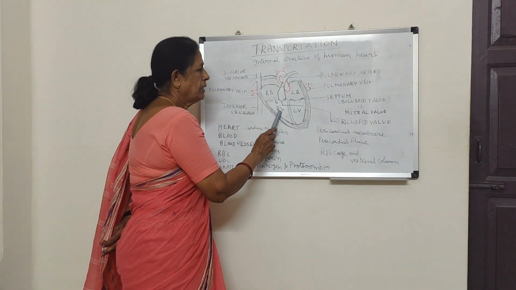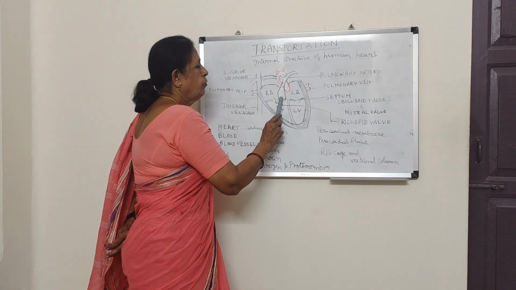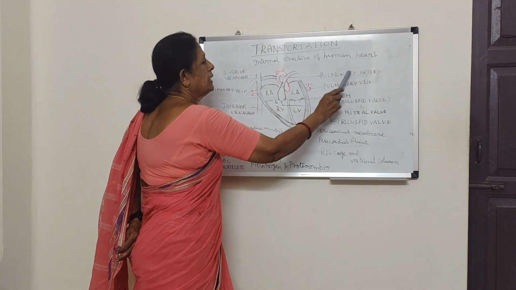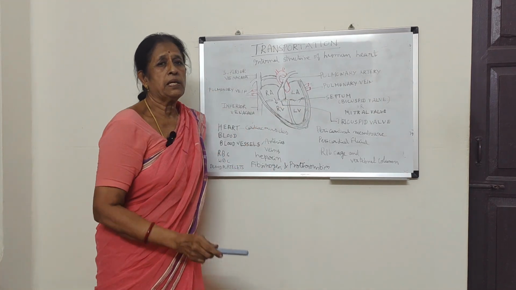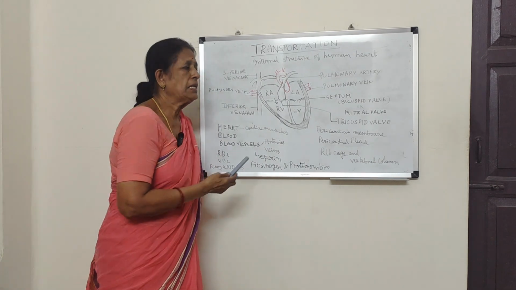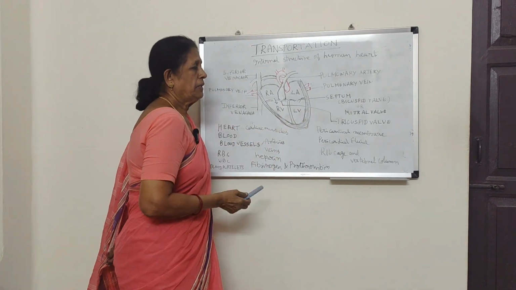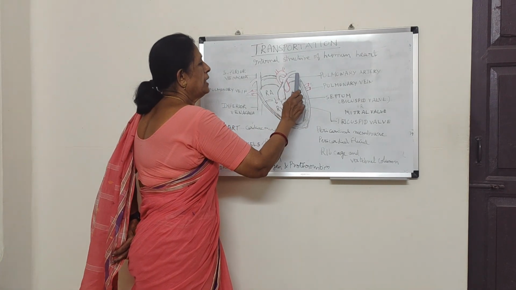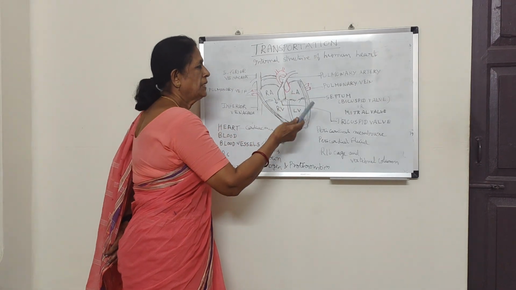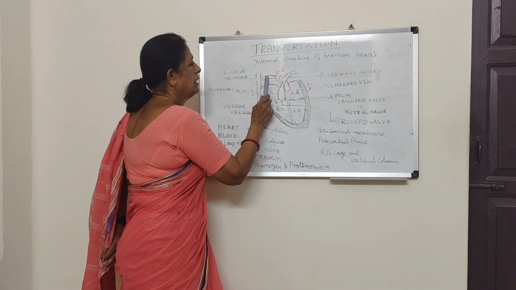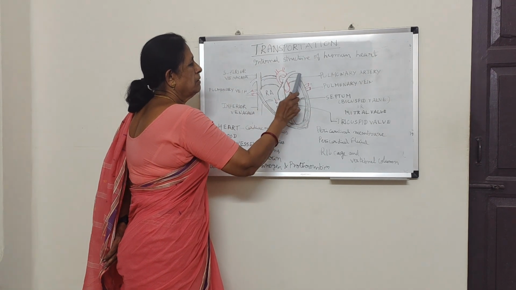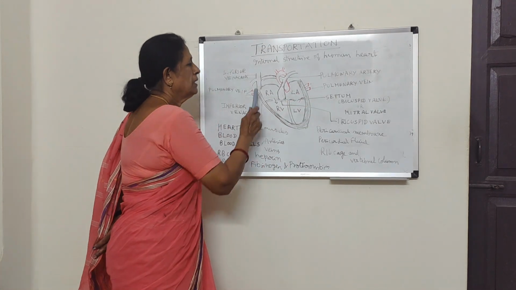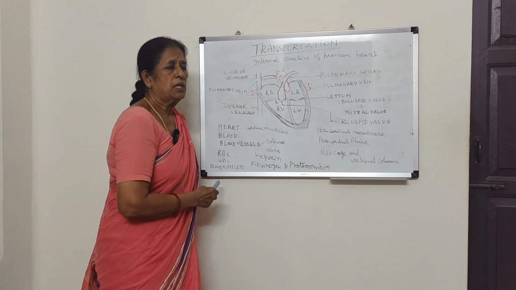From the right ventricle, the blood flows through the pulmonary artery. I told you the pulmonary artery is the only artery which carries deoxygenated blood. It carries deoxygenated blood to the lungs: the right pulmonary artery goes to the right lung, and the left pulmonary artery goes to the left lung.